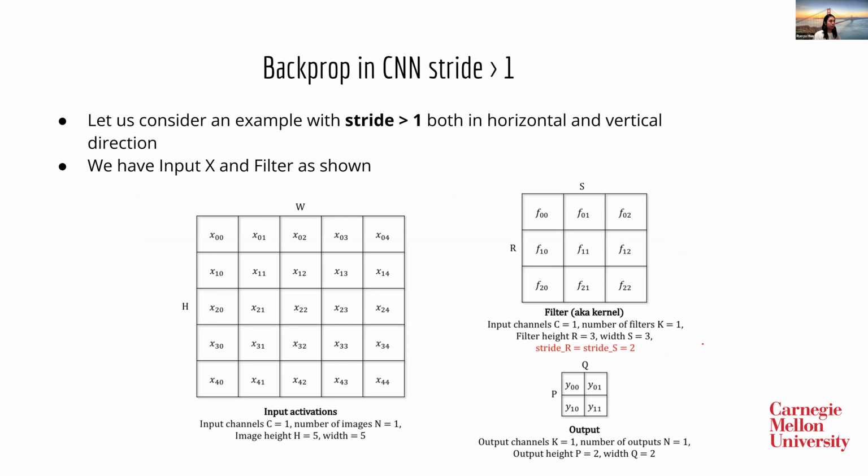And when it comes to the backpropagation in the convolutional layers with stride larger than 1, let's consider another example like this. So we have a 5x5 input map and a 3x3 filter. If we set the stride to 2, we will get an output map like this. It's only 2x2.